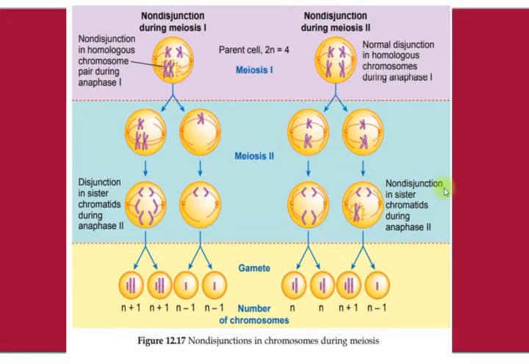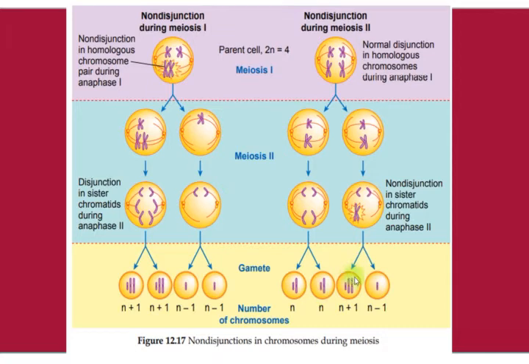Non-disjunction of sister chromatids during anaphase 2, whereby the sister chromatids do not separate. In the end, it will produce different gametes with different numbers of chromosomes.